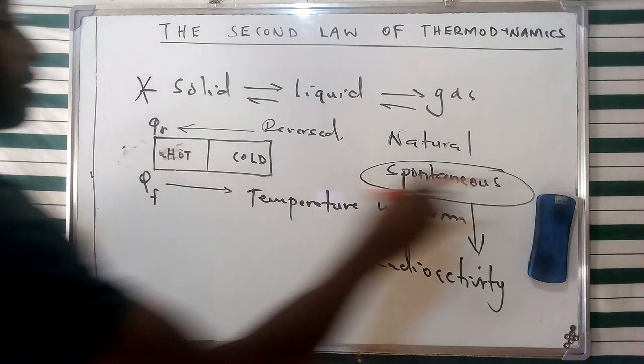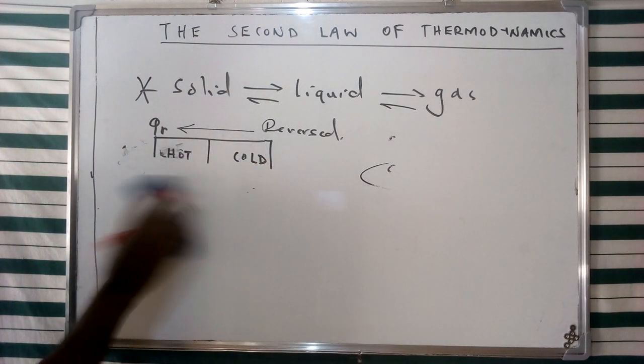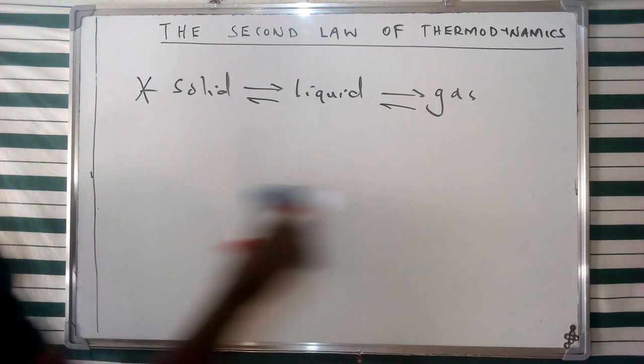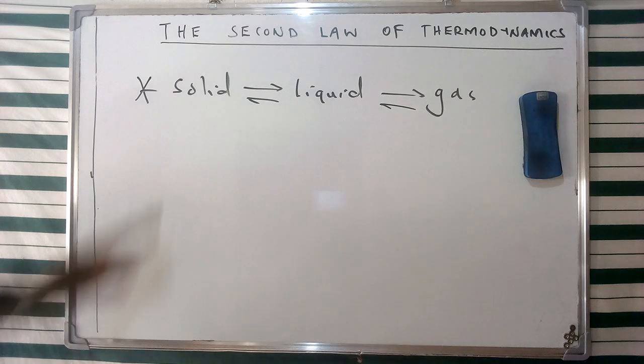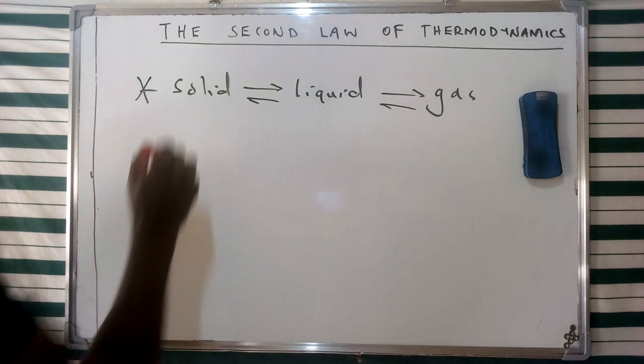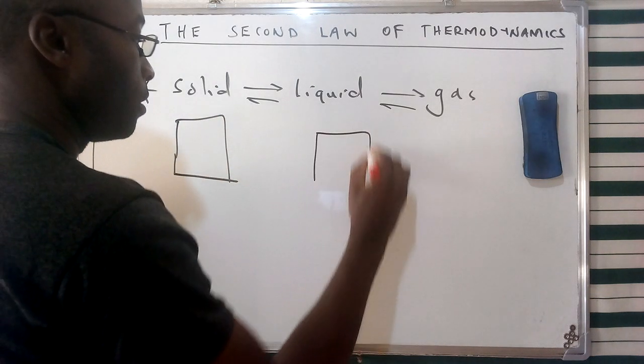Particularly, I'm going to create an emphasis on this now that we have given an illustration of the second law of thermodynamics. If you try to see this specific transformation from solid to liquid to gases, this basically is going to entail a phase transformation. Now, I've given an example of an illustration of the arrangement of molecules.